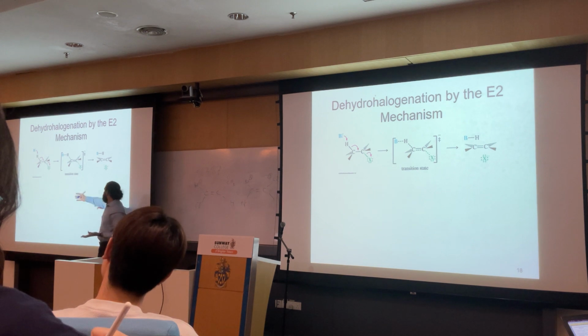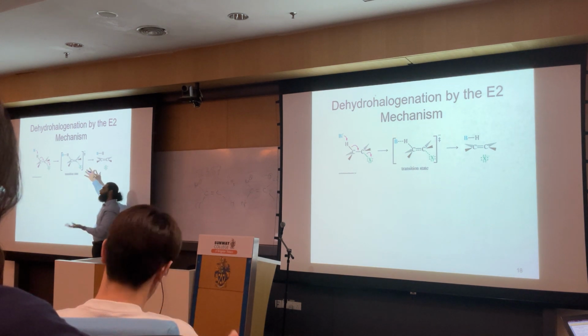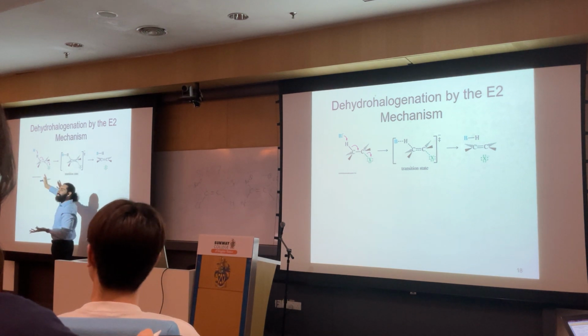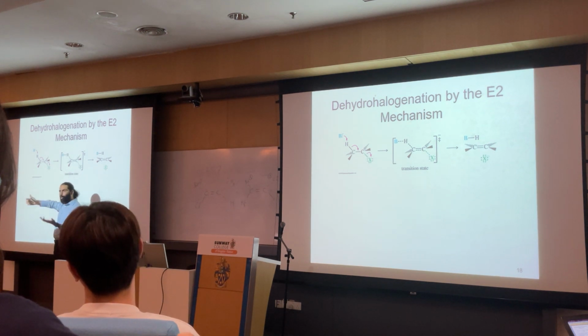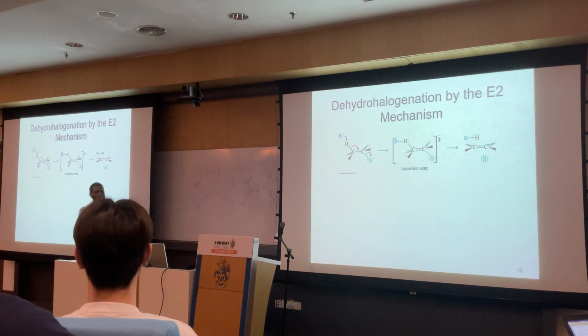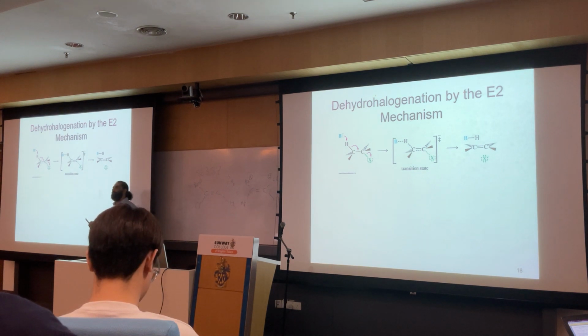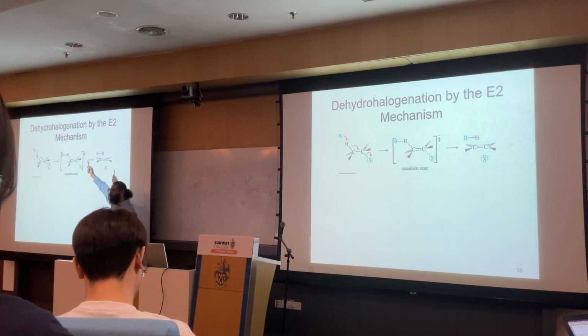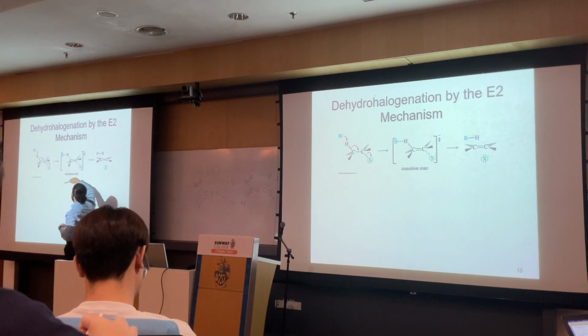Transition state is a hypothetical thing. Here we are just showing that everything is happening simultaneously. And how can we show that on a piece of paper? By making these dotted bonds, which means that bond forming or bond breaking is happening at that point. Does it make sense? So this type of representation is called transition state.